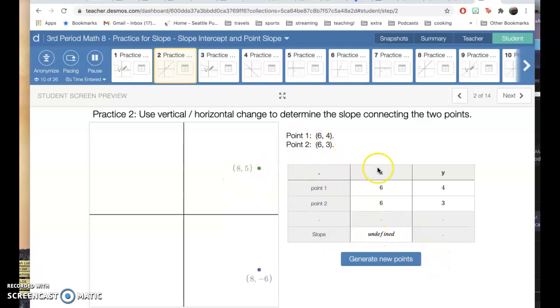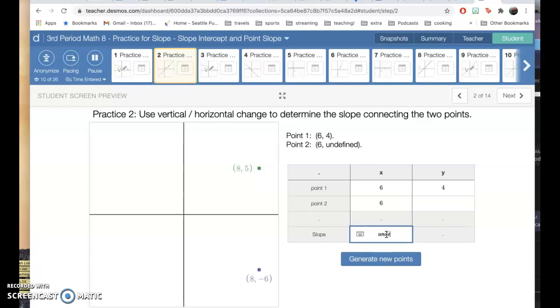Now, they gave me new points. Once again, my vertical change, so we haven't done a lot of this. My horizontal change is 0, right? My vertical change is going to be 11 in this case. So you can't say 11 over 2.